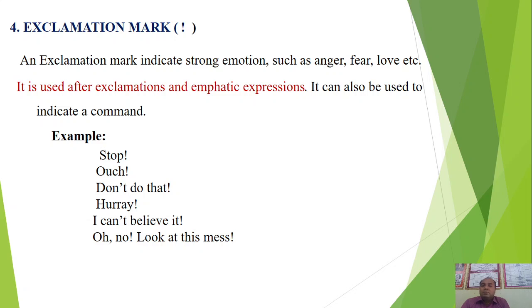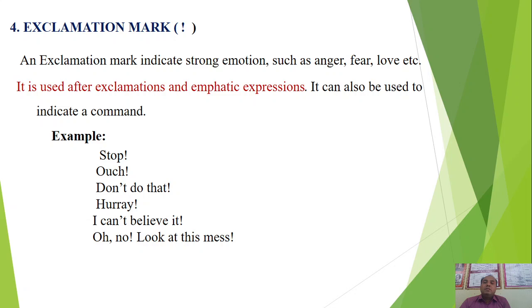Exclamation mark. An exclamation mark indicates strong emotion such as anger, fear, love, etc. It is used after exclamations and emphatic expressions. It can also be used to indicate a command.